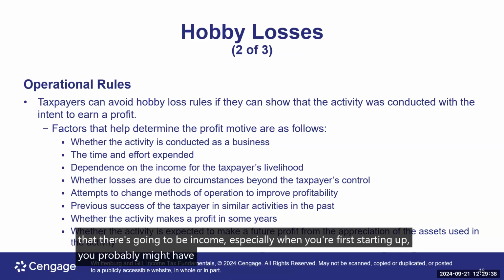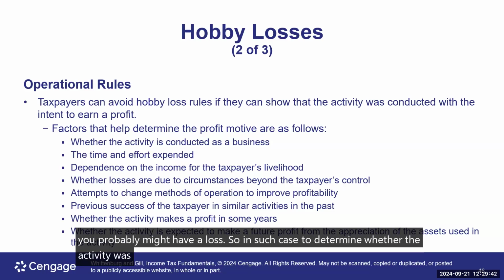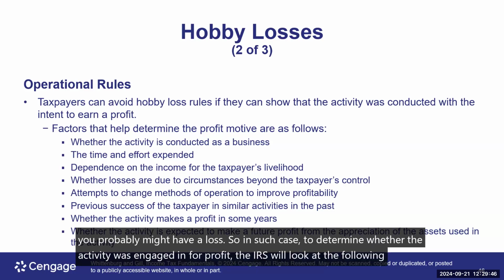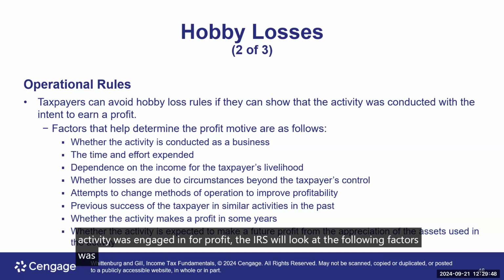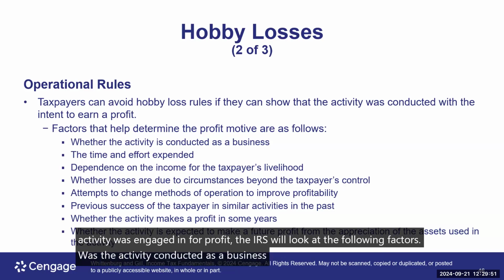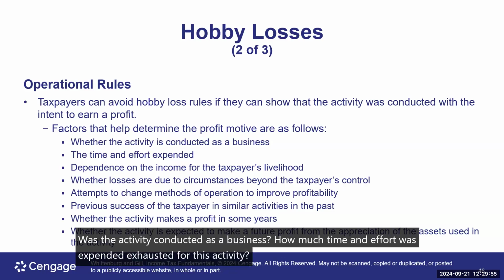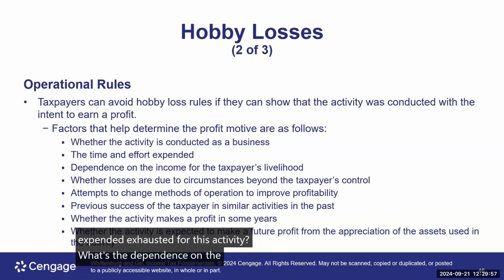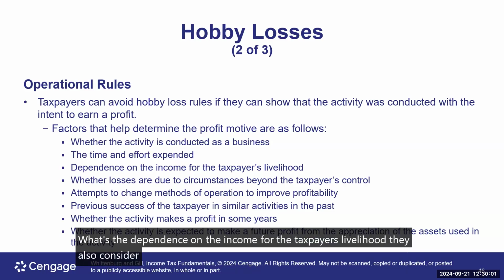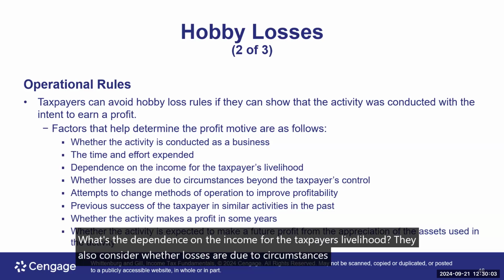In such case, to determine whether the activity was engaged in for profit, the IRS will look at the following factors. Was the activity conducted as a business? How much time and effort was expended on this activity? What's the dependence on the income for the taxpayer's livelihood? They also consider whether losses are due to circumstances beyond the taxpayer's control.